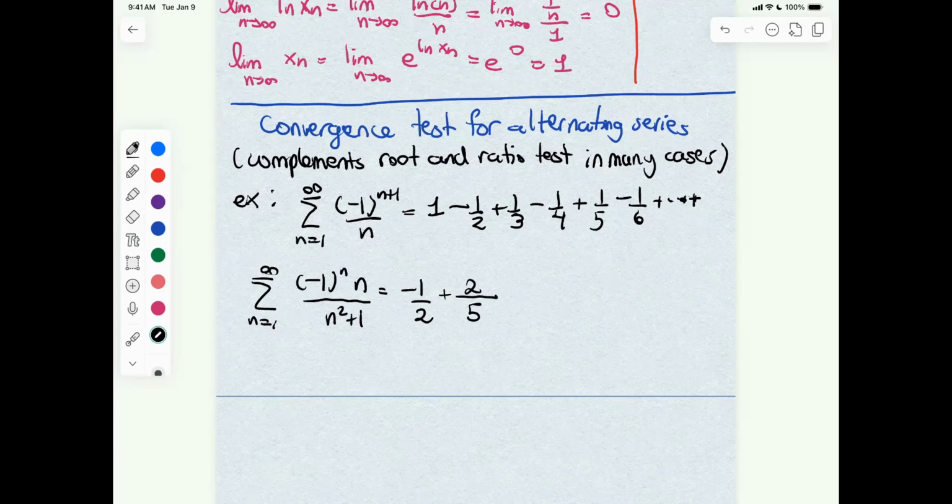Then minus 3 over 3 squared, which is 9, plus 1 is 10, and then plus 4 over 4 squared plus 1, that's 16 plus 1, so that's 17. Let me do another one. Minus 5 over 5 squared plus 1, that's 25 plus 1, 26. Okay.